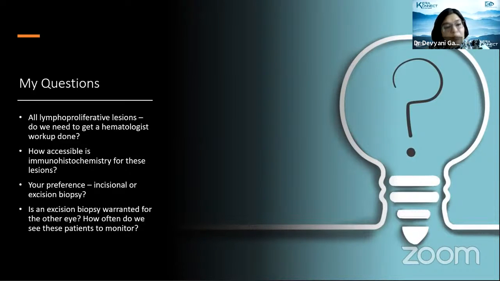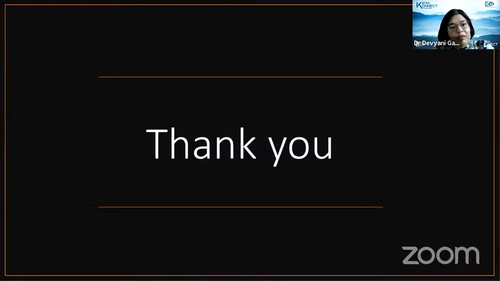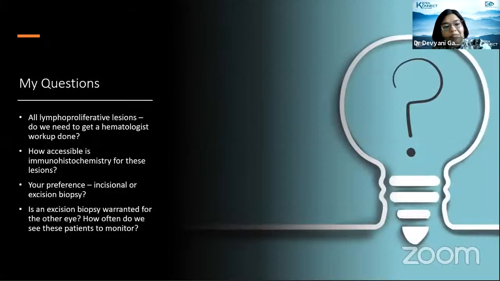Would you prefer an incisional biopsy or an excisional one? The last question is, is the excision biopsy warranted for the other eye, or can we be relatively sure that the same thing happened in the other eye as well, and label it as lymphoid hyperplasia? And how often do we monitor these patients? I leave the questions to the panelists.